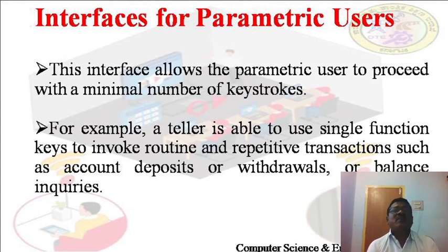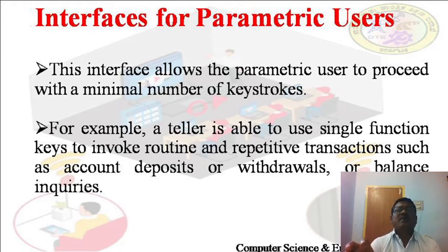A simple example is an ATM, automatic teller machine. If you go there and want to see the balance, you simply click on balance. You have a list, and only a minimum number of operations you can do, either withdrawal or balance checking or pin change.